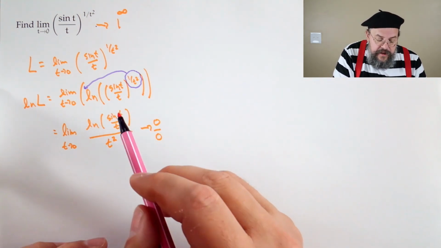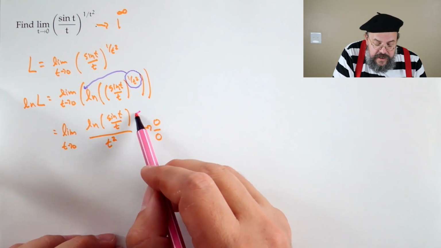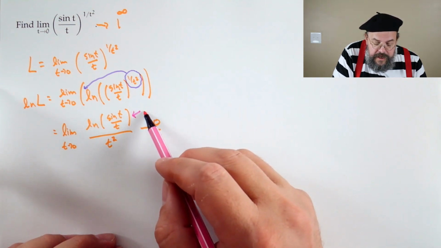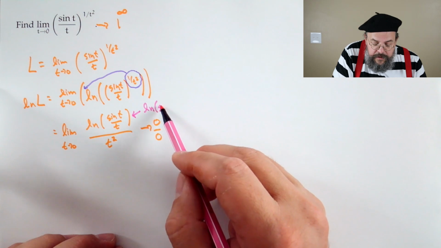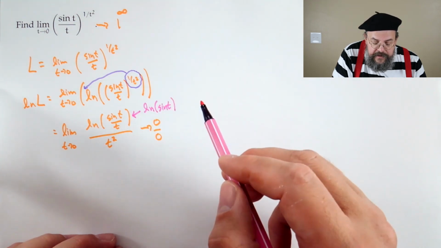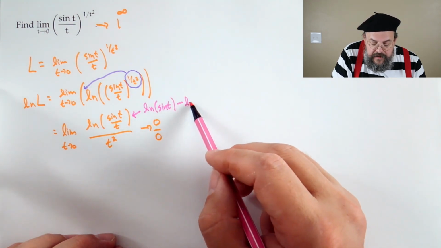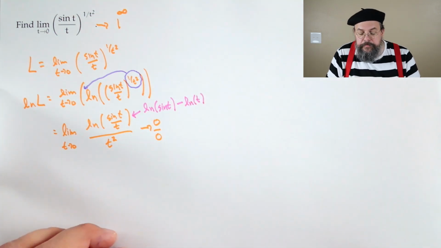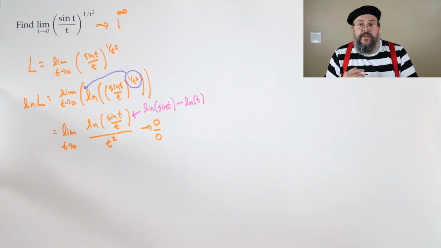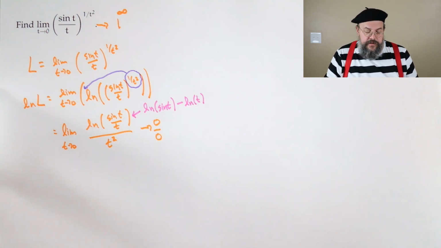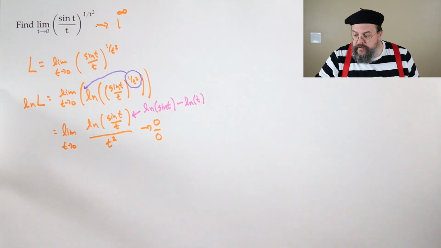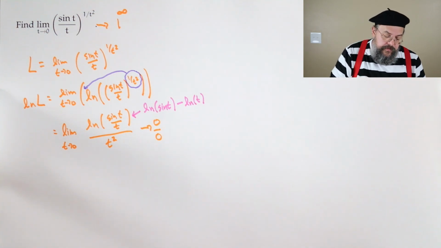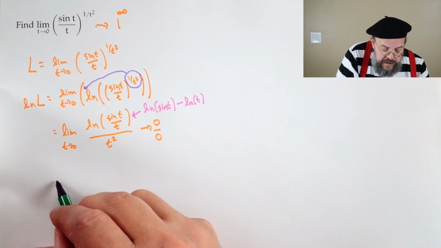So this is division. So division in logs becomes subtraction. So when I'm taking the derivative, I can think of it as log of sine of t minus log of t. All right? So that's going to be an easier thing to take a derivative of. Okay, so that's how we're going to think about our derivative. So let us proceed. So we're going to apply L'Hopital.